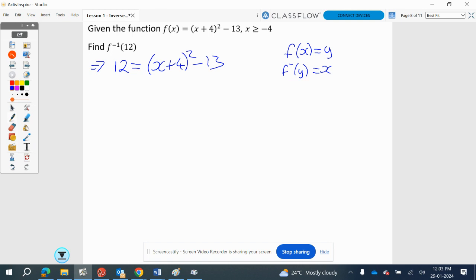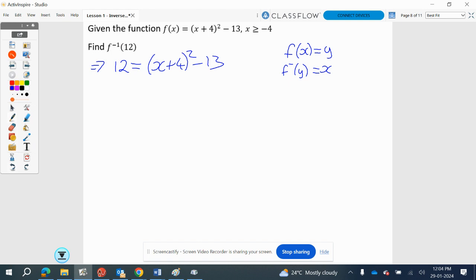Look where I put the 12 and why. Instead of finding the y value that this x value produces, make it a y value for the original function and see what x value would have produced that.